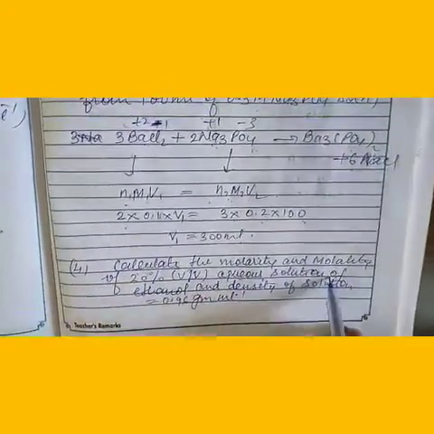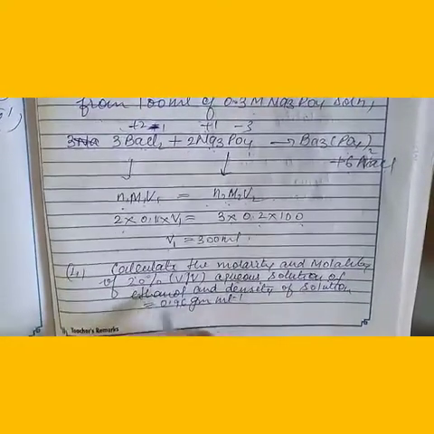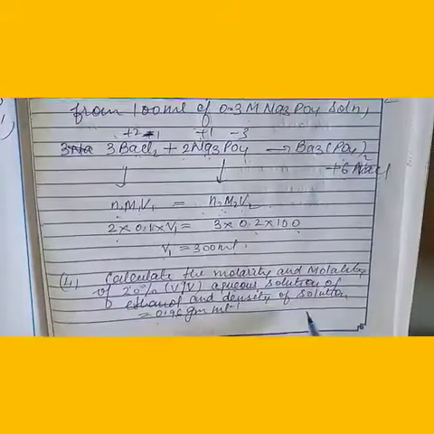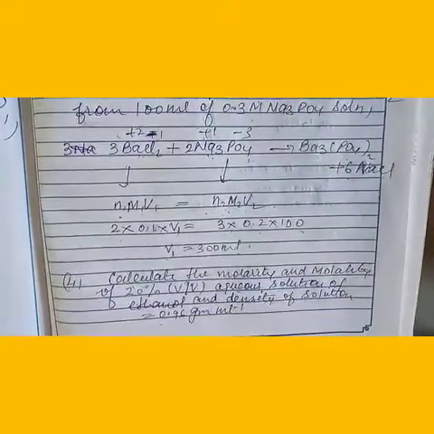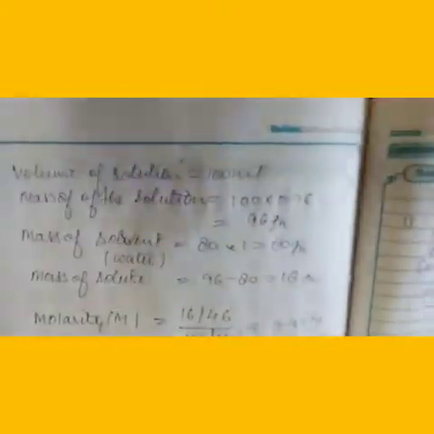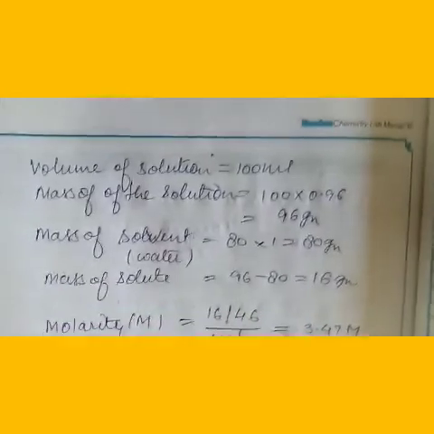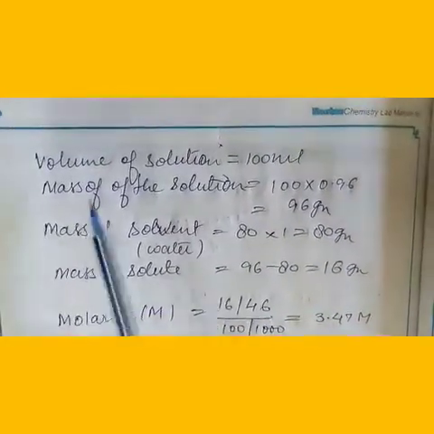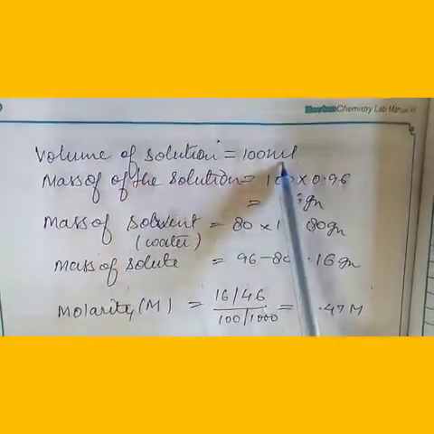Calculate the molarity and the molality of a 20% volume by volume aqueous solution of ethanol, and the density of the solution is 0.96 gram per ml. 20% volume by volume means in 100 ml of solution, 20 ml of solute is present. So on the basis of the question, the volume of solution is 100 ml.